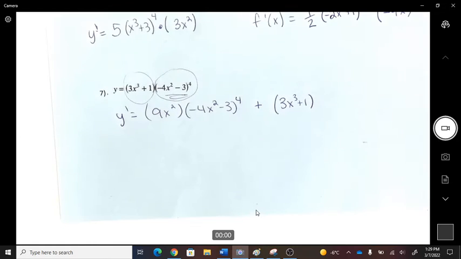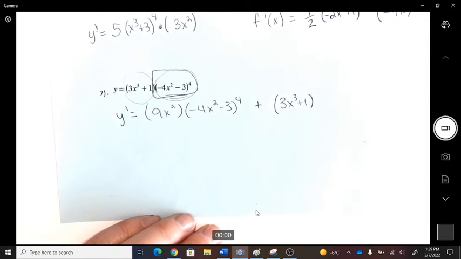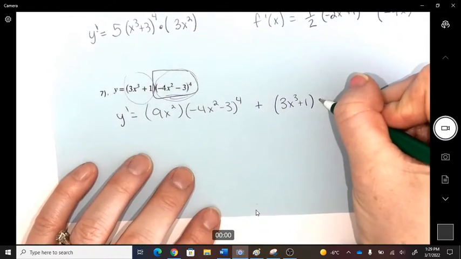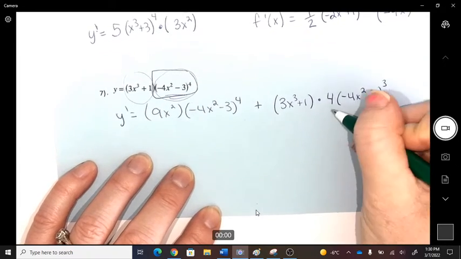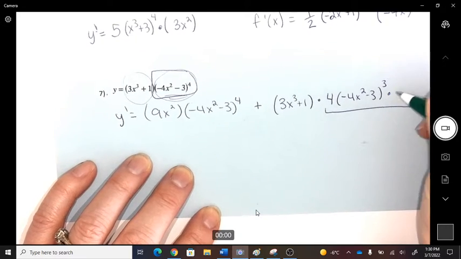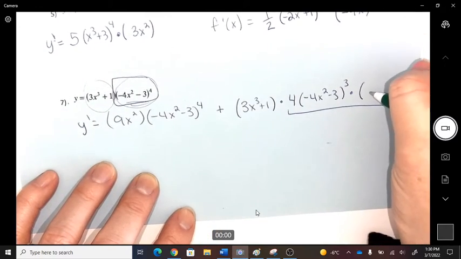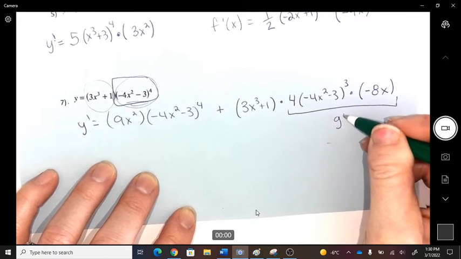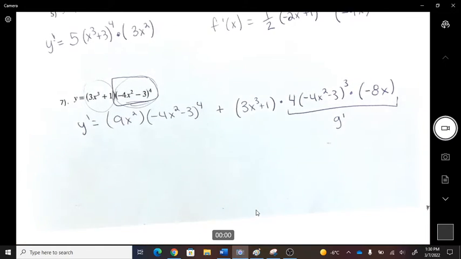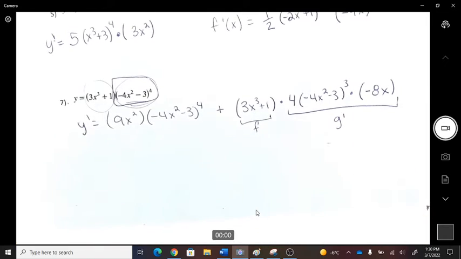And then, now this is going to get tricky, right? We've got to derive that. So now we're going to have to do a chain rule on that. So here we go. 4 of those cubed times the derivative of the bracket, so negative 8x. Okay? Do you follow that? That's all G prime. This is the F, and that's the G prime.